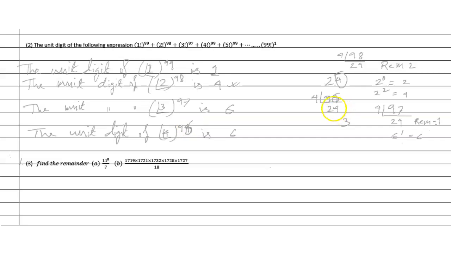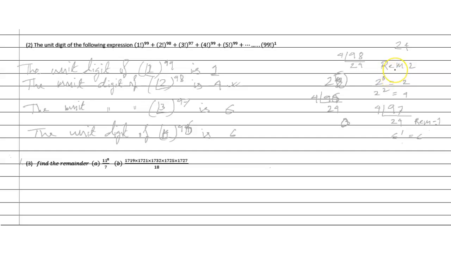So 4 factorial is 24. Sorry, 4 factorial is 24.